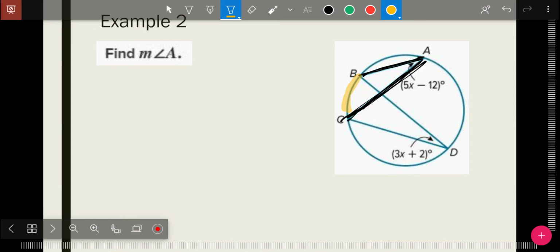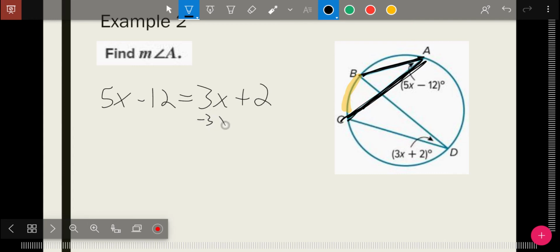I do, however, notice that angle D also opens up to the same arc. So I don't know what angle D is, but I know it's also half of what BC is, which means angles A and D are congruent. And since they're congruent, I can say their measures are equal.